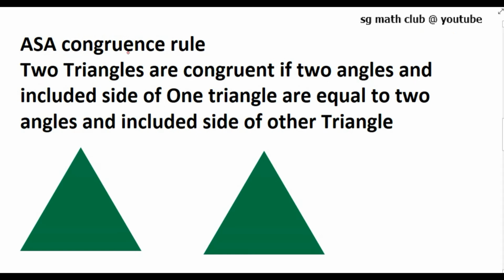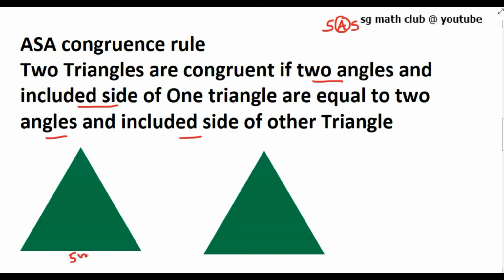Now the ASA congruence rule. Two triangles are congruent if two angles and the included side of one triangle are equal to two angles and the included side of the other triangle. In the previous case, the SAS congruence rule, we have seen that the angle is between two sides. Here, the side is between two angles.